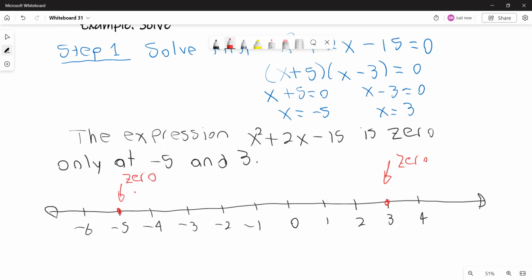And anywhere else, that's going to split the number line in 3 intervals, where the expression is either going to be always positive or always negative, but it's not going to change sign. It's not going to change from positive to negative or from negative to positive without becoming 0 first.